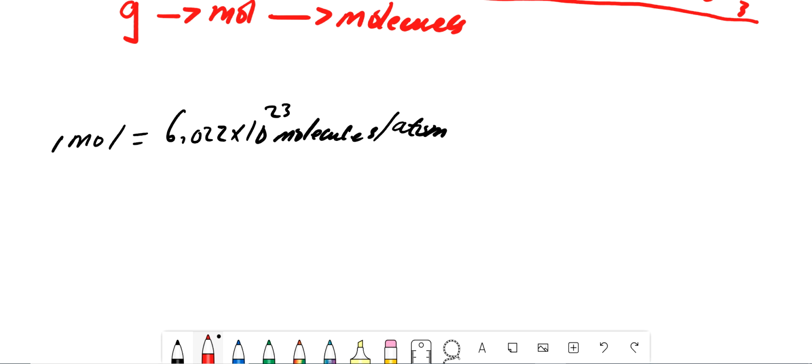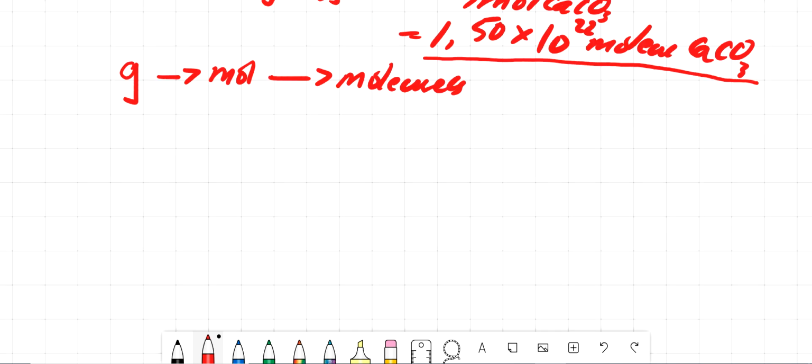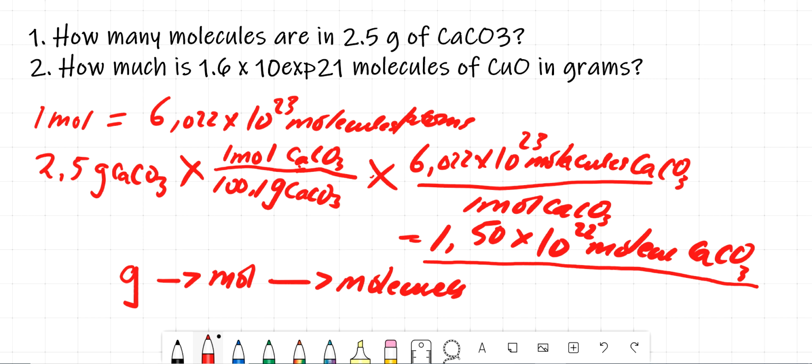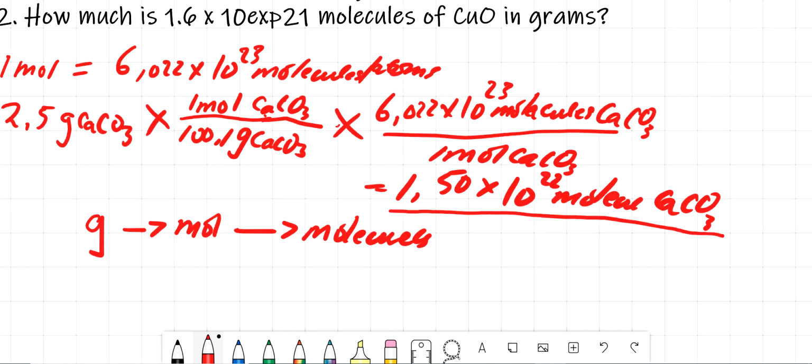I already have this conversion factor again. The second question is saying: how much is 1.6 times 10 exponent 21 molecules of copper oxide in grams? So now you are asked to convert from molecules to grams. So let's do that.